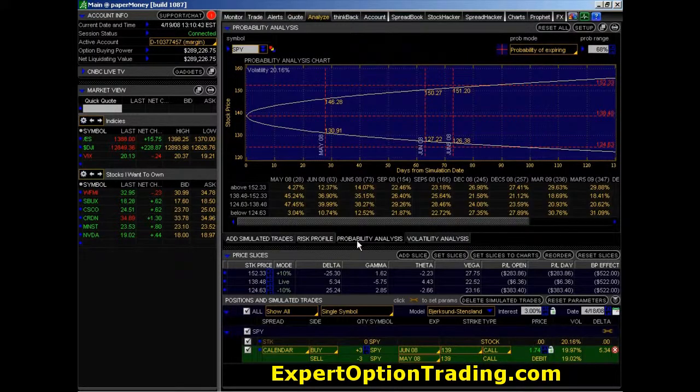You can also take a look at the probability analysis. I don't really look at this too much, but it does kind of give you an idea of where prices may tend to trade at any future date, and you can kind of play around with that.